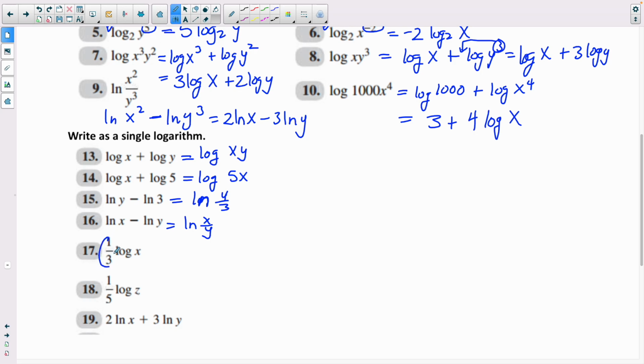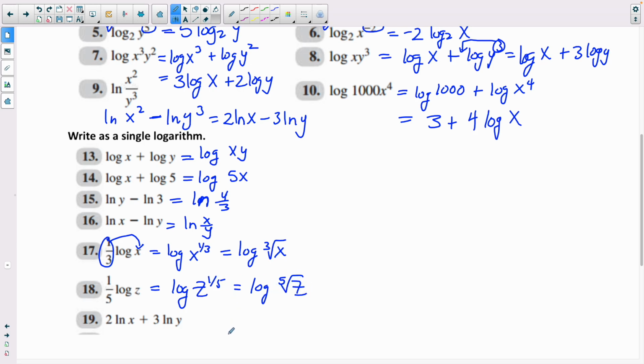17 involves a coefficient. So coefficients move to exponents. So this is log x to the 1/3, which you could write as log cube root of x if you want. 18, log z to the 1/5, which is log 5th root of z. Again, you can choose to write it either of those two ways.